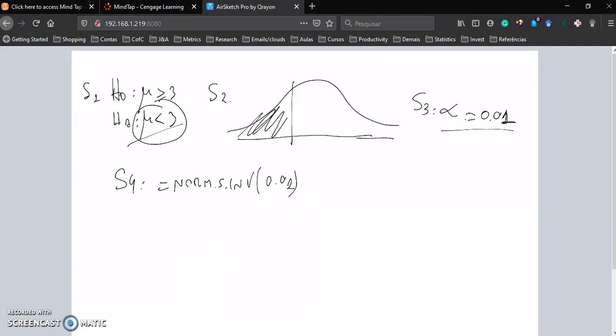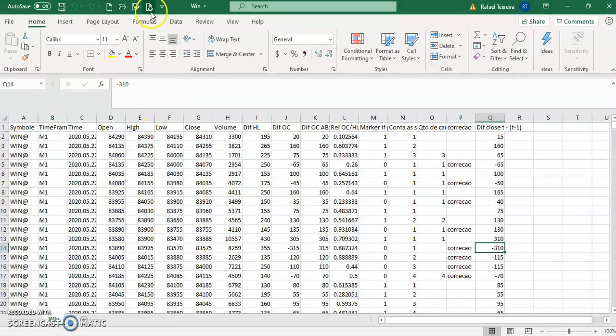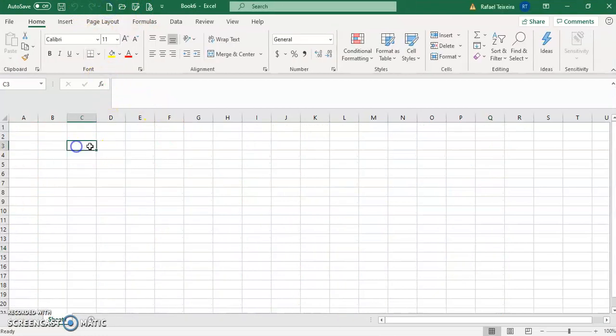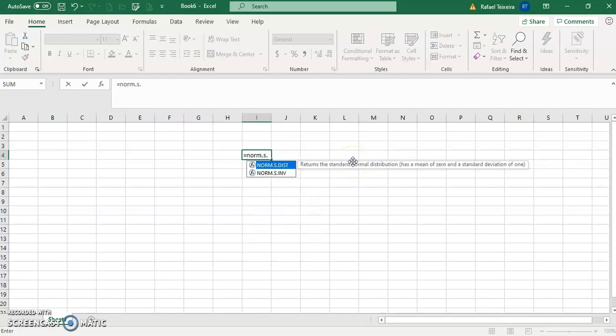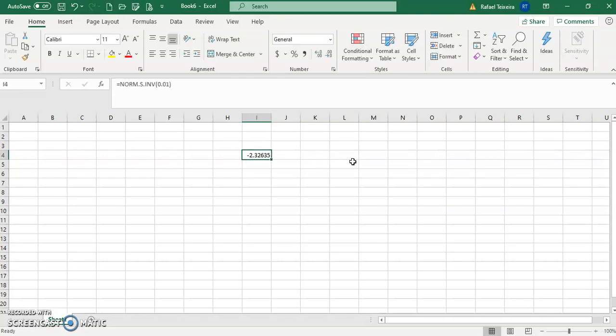I can use Excel to do that very quickly. So let's say equal norm.s.inv, probability is 0.01. Because it's a lower tail test, I use as it is. So it's negative 2.32.